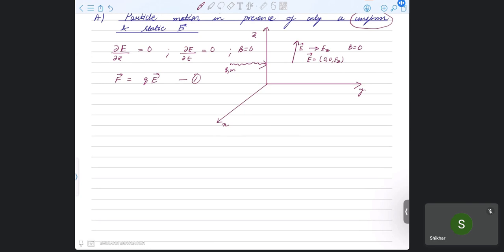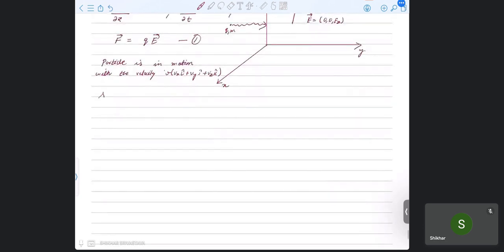Now since the particle is in motion, it also has some velocity, which will have 3 components: Vx i cap plus Vy j cap plus Vz k cap. Okay, this is the velocity of the particle.